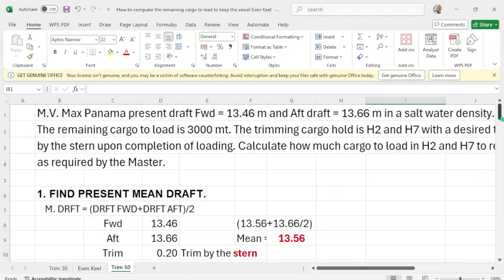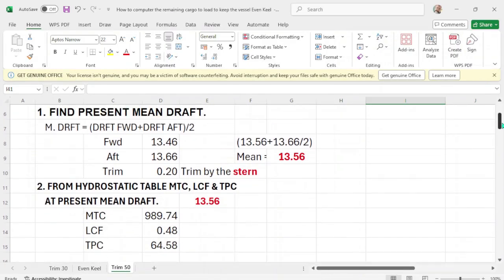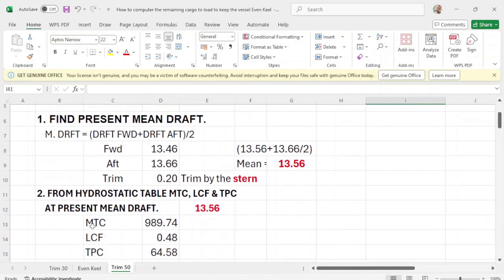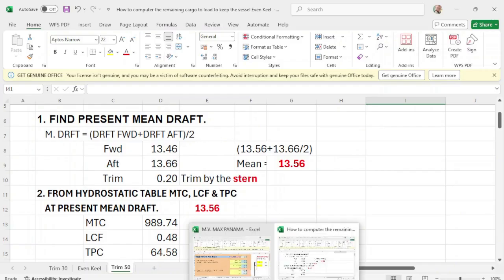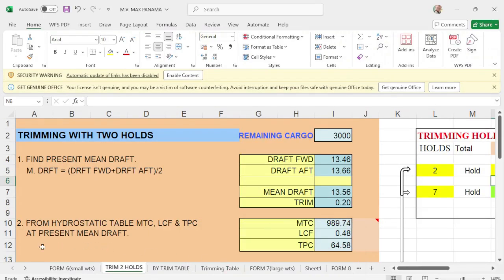number 2, from hydrostatic table, MTC, LCF plus and TPC at present drop of 1356, which is this one. So from the hydrostatic table, with this mean drop of 1356, you will have your MTC of this figure, LCF and TPC.